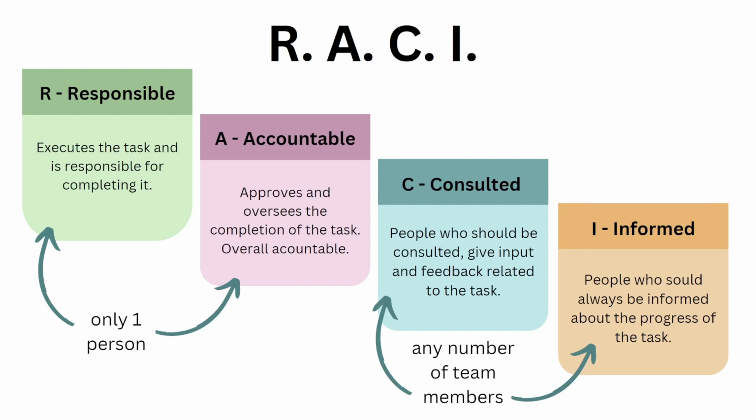This can be any number of team members, external consultants, or external sources. Even the person accountable can also be a person who is consulting. And the RACI method helps the person responsible know which people should be consulting.